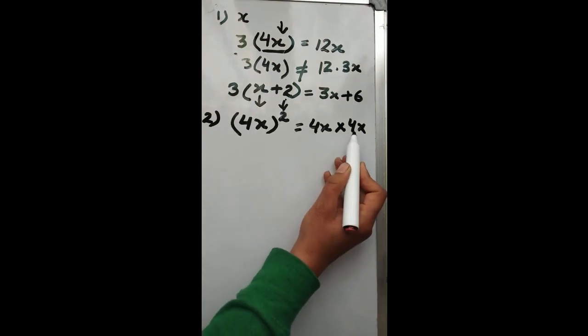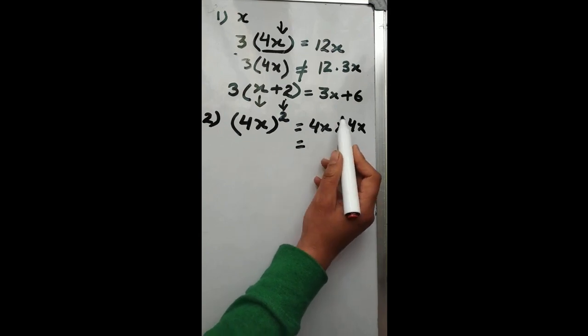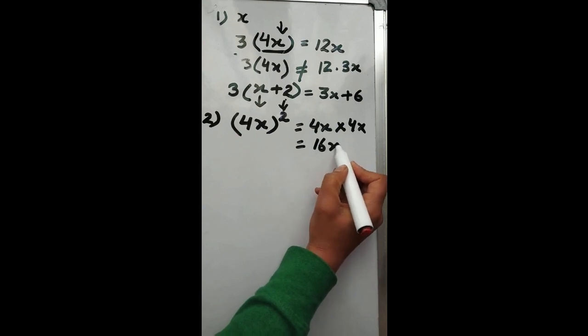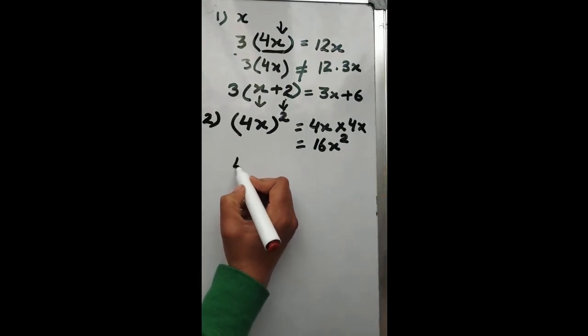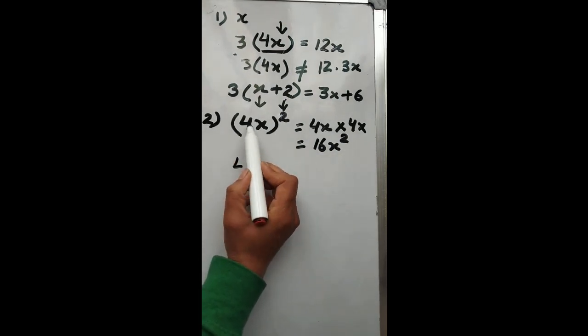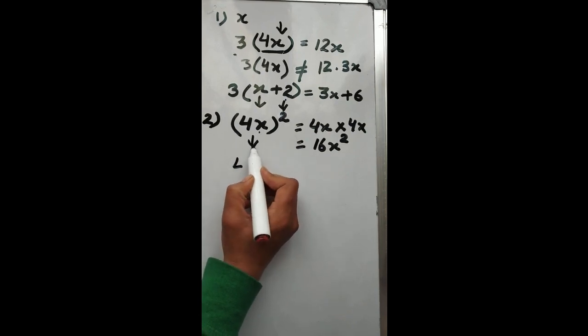That means 4x into 4x. And how do we multiply? 4 into 4, 16, x into x, x square. So in short, if we have to simplify it, we can easily say 4 square and x square. A shortcut can be made.